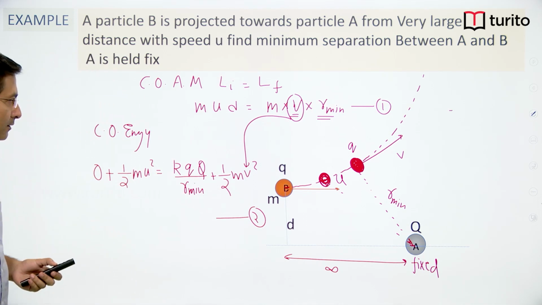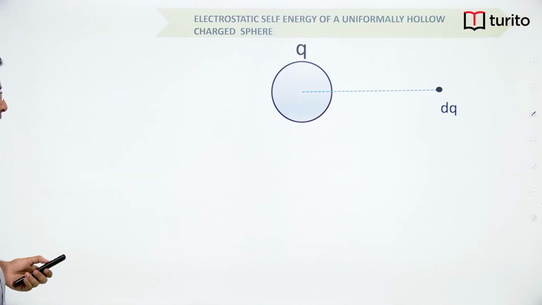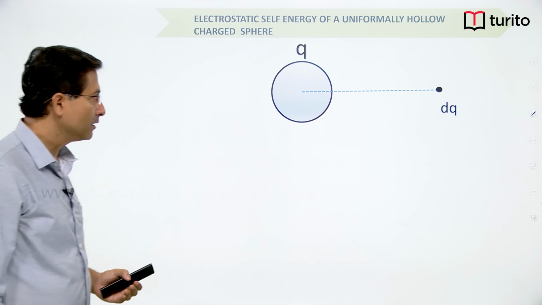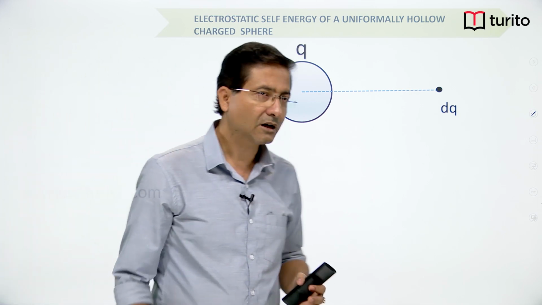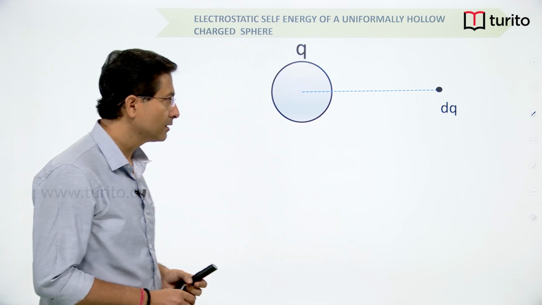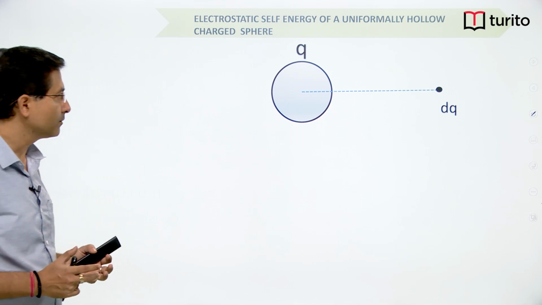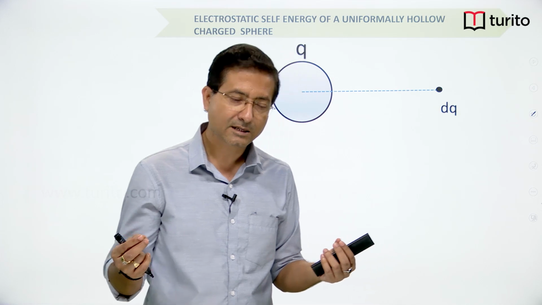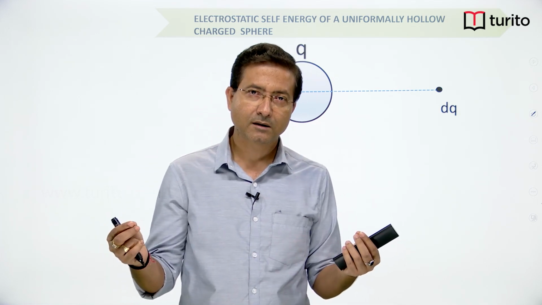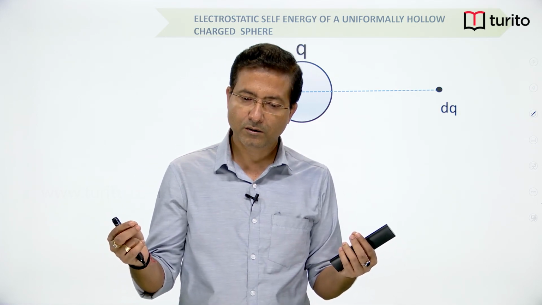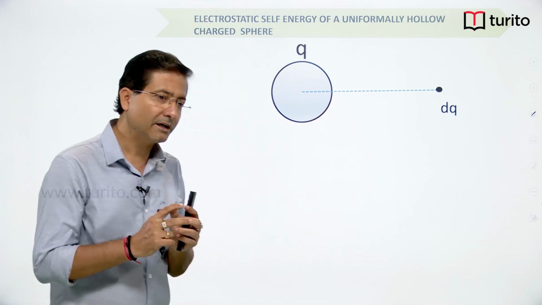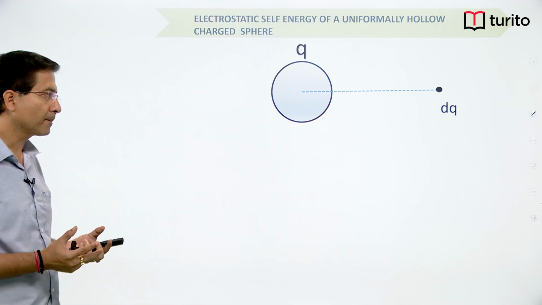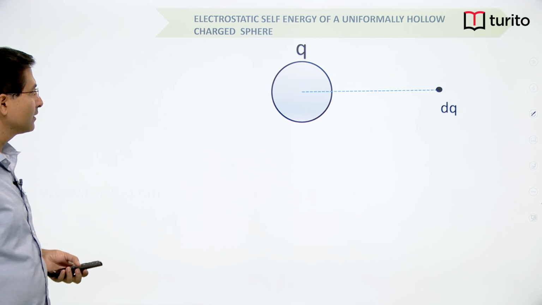Now, let us see the self energy, right. To form a system, till now we were talking about two particles separated by some distance r. Now if I want to make a sphere of radius r, hollow sphere or solid sphere, right.